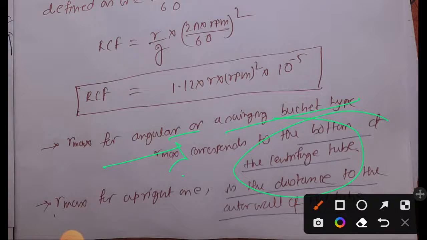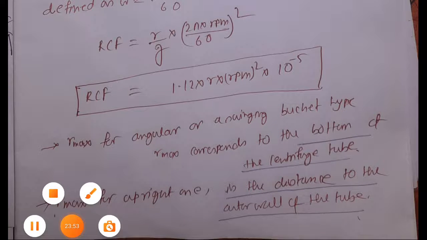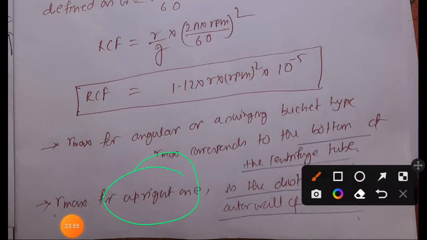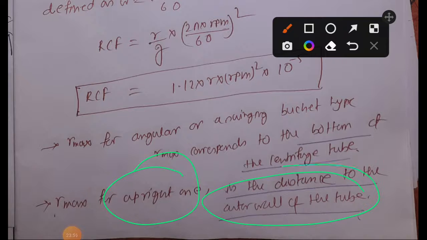In case of the upright one, it is the distance from the center to the outer wall of the tube. That is the concept of Rmax.